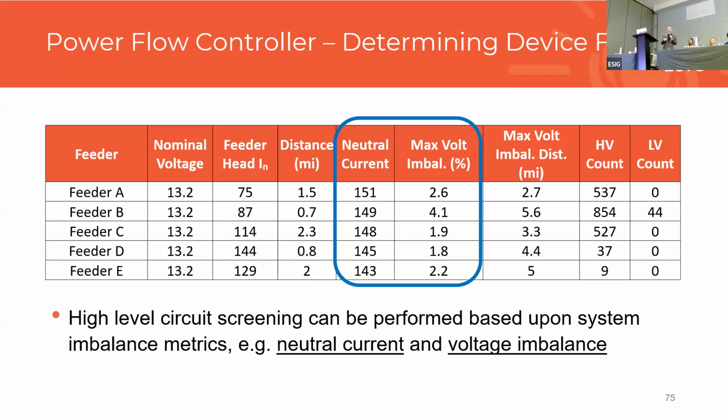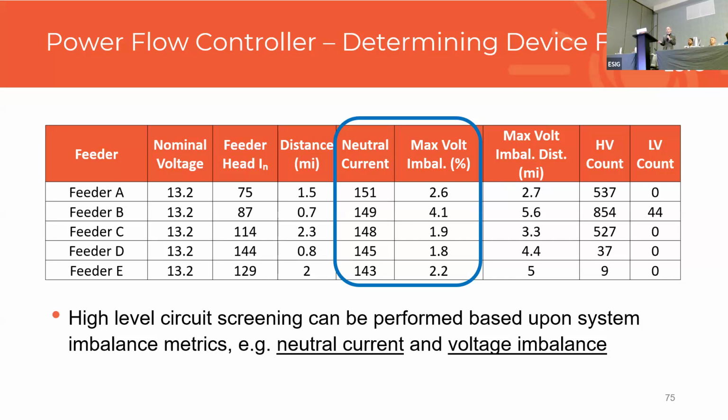Because this acts on imbalance within the system, one of the challenges is deciding: is it a good system to deploy this device? There are different levels that you'll go through, but the level I'm showing here is that high level screening. How do you know, if you have 1,000 circuits, which circuits are a good fit for this device?